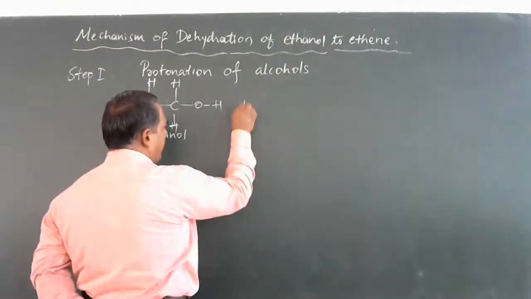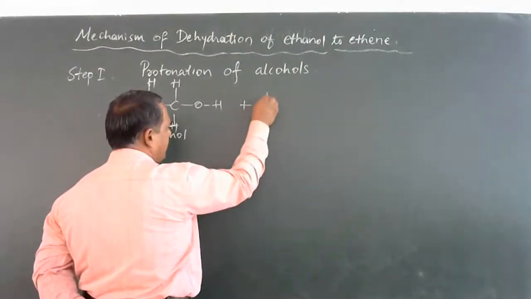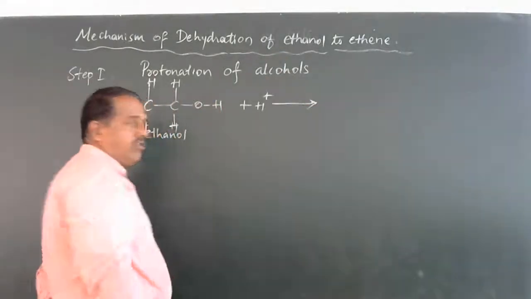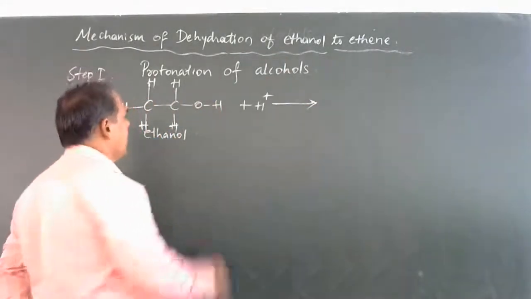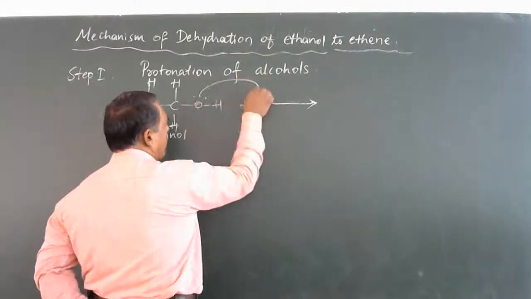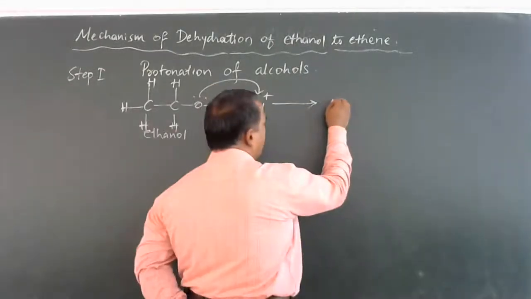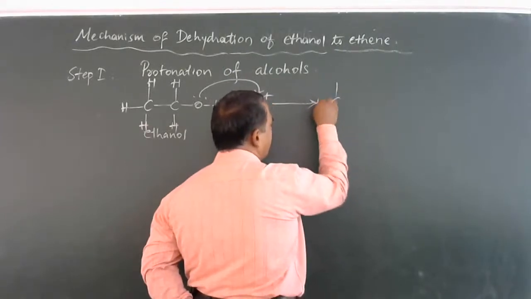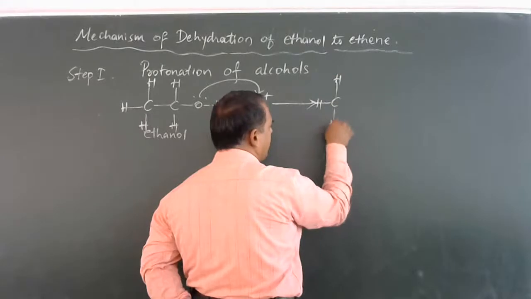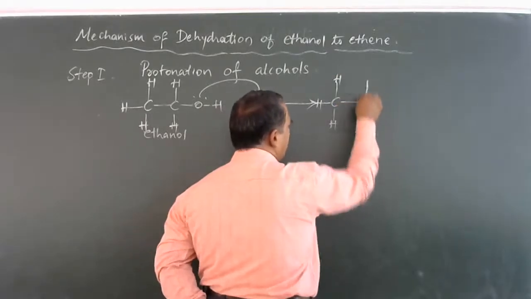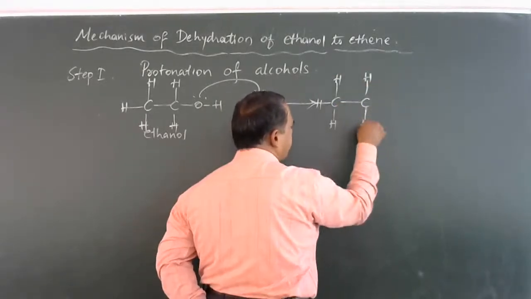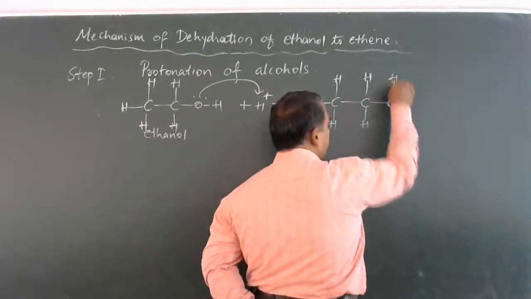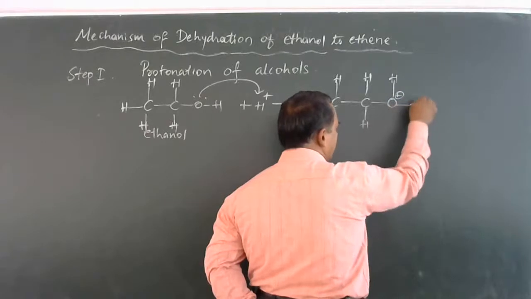See, when it is protonated by H plus, in this dehydration reaction we are using H2SO4. Now, as this attacks, you will get protonated alcohol. See, C, H, H, H. Again, two atoms are here. Again, this is oxygen and the hydrogen atom attaches here. It gets a positive charge.